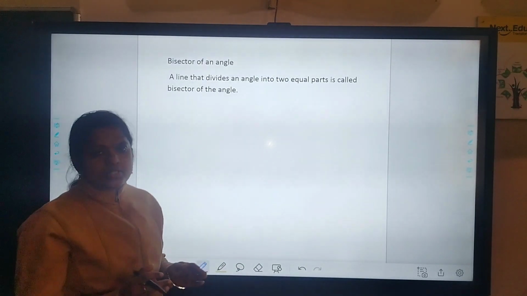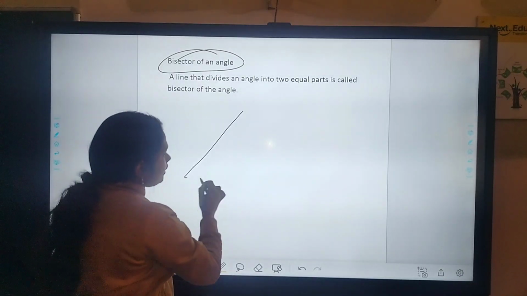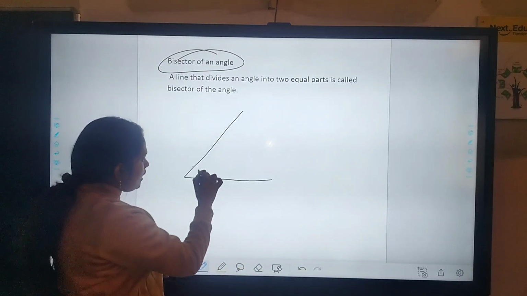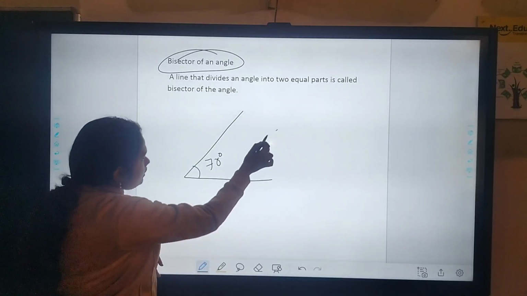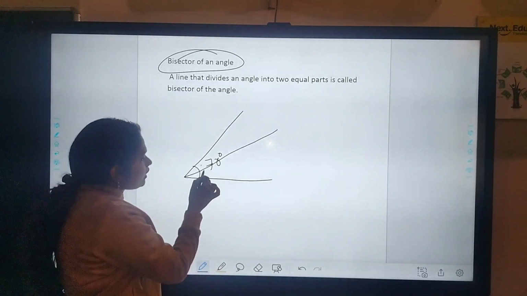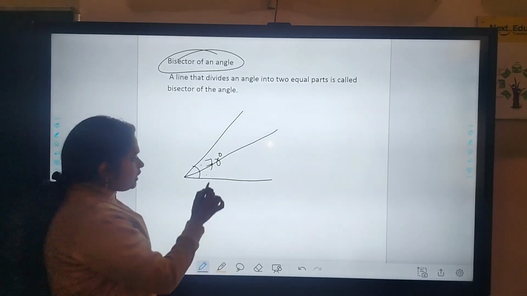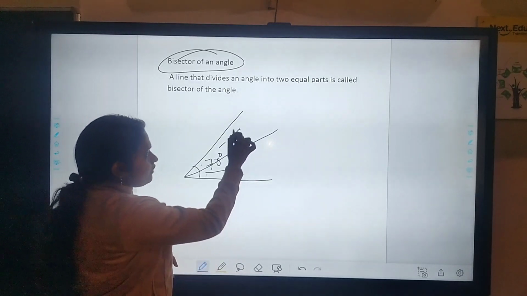Now we are going to discuss the bisector of an angle. First, draw the angle. This is an angle and this angle is 70 degrees. I draw one line, and that divides the angle into two equal parts. Then this angle is 35 degrees and this angle is 35 degrees.